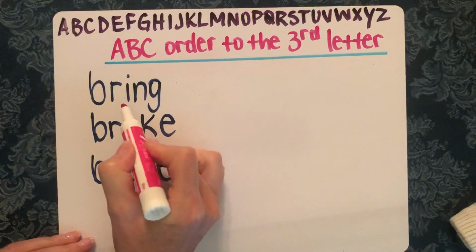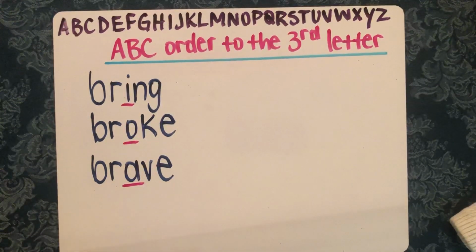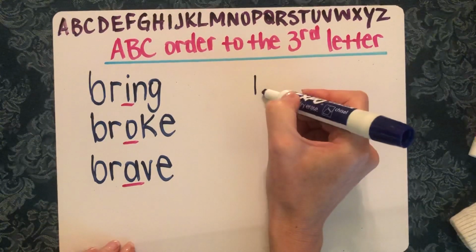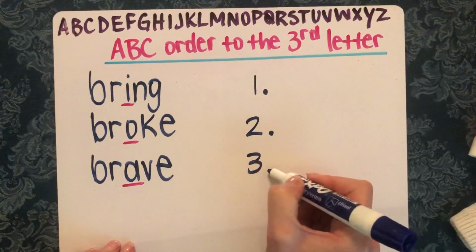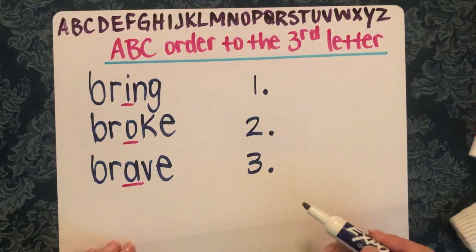What I like to do, and what I encourage you to do as well, is underline the third letter, again, as a visual reminder. I would also encourage you to number your paper like this so that we know to put them in ABC order.